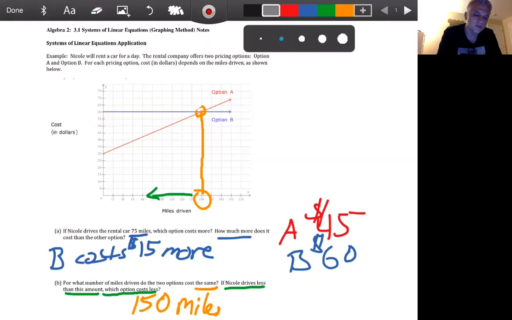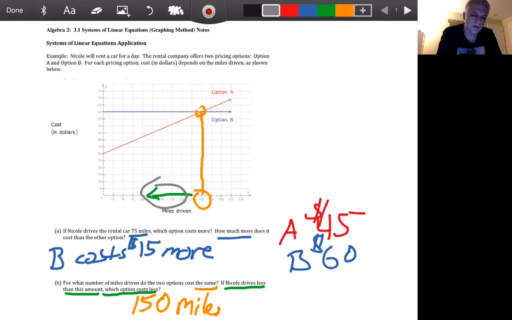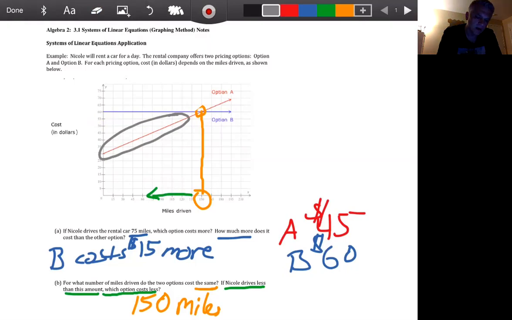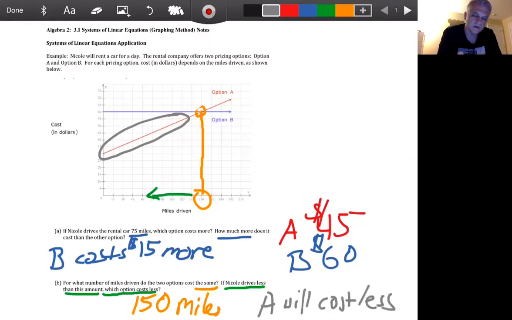Now, hopefully you can see that as the miles decrease, the red option is lower than the blue option. Okay, the red line is below the blue line. So we would say if she drives less, A will cost less. Okay, A will cost less if she drives less than 150 miles.